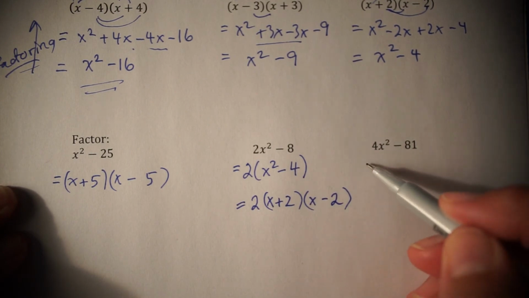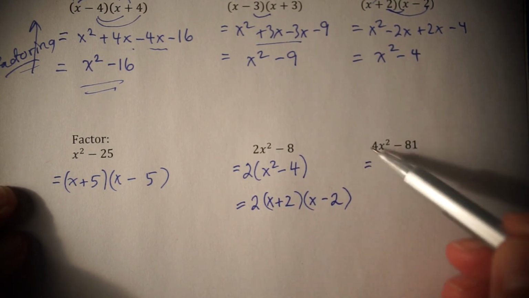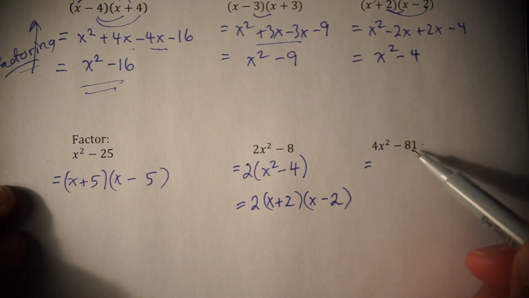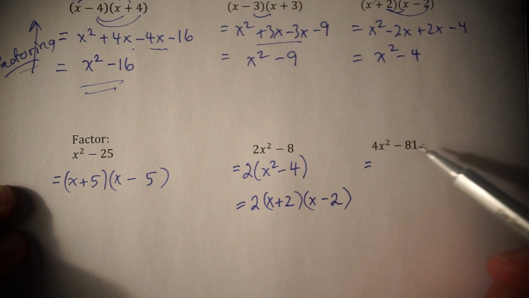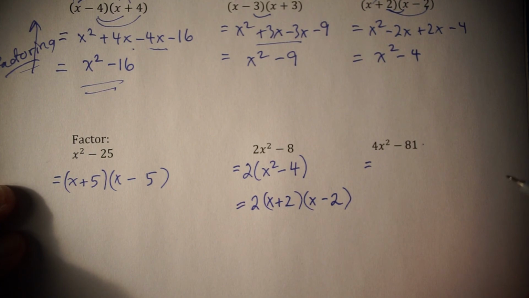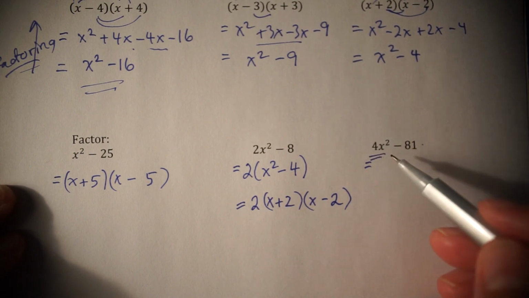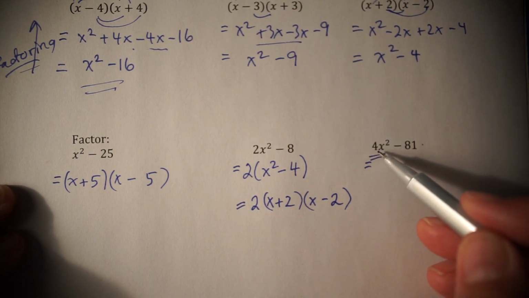Okay, one more example. Again, we would look for a common factor. 4 and 81 do not have any common factors, and there's no x in the second term, so there's no common factors. So now we're looking at, is this 3 terms? It's not 3, it's only 2. So we'll look, is this a difference of perfect squares? Because if it is, it could have come from its original conjugates. We say 4x squared, is that a perfect square? Well, x squared is, and is 4 a perfect square?